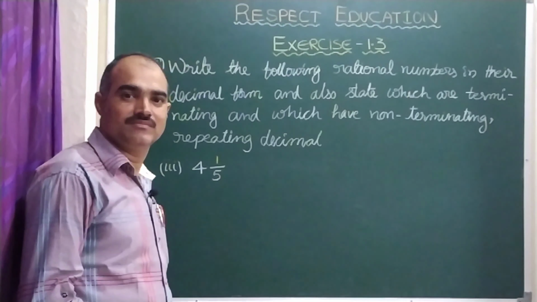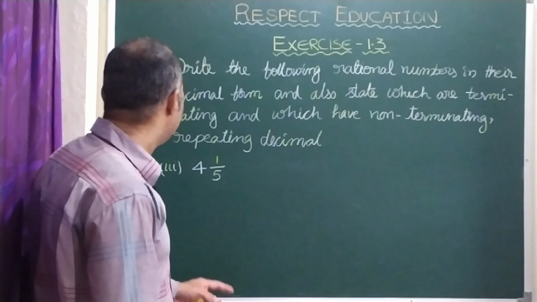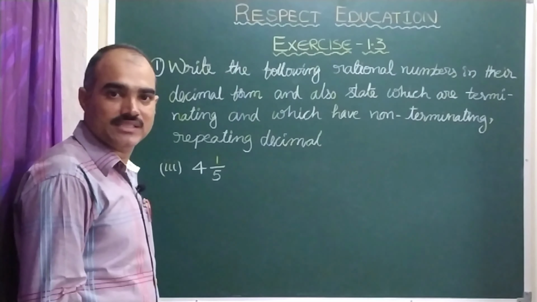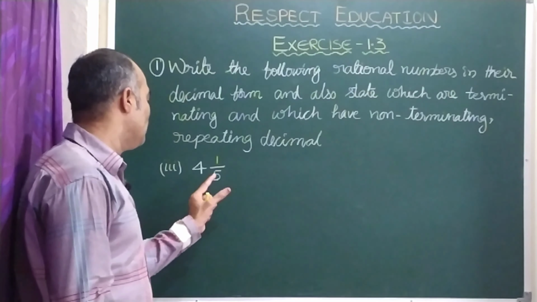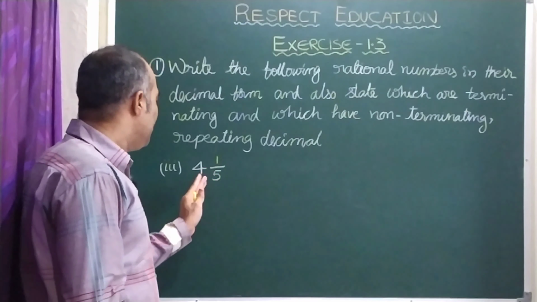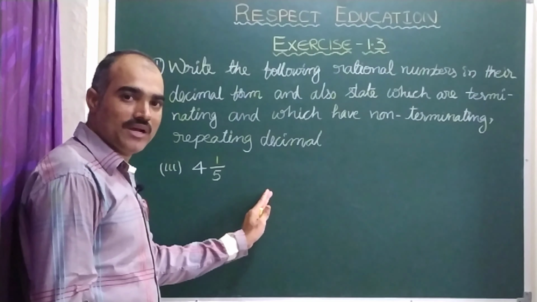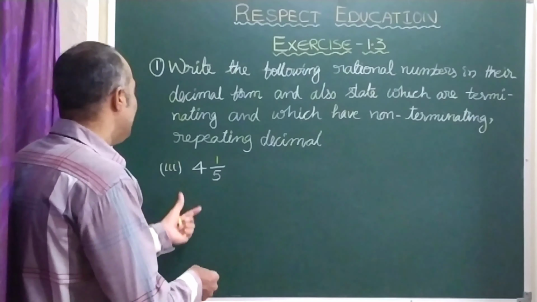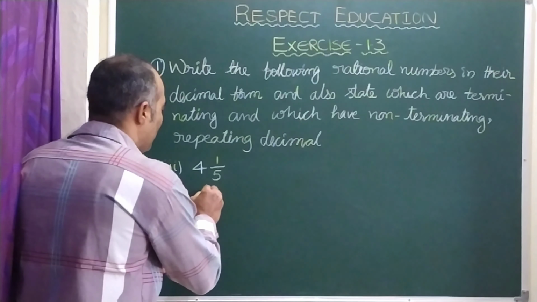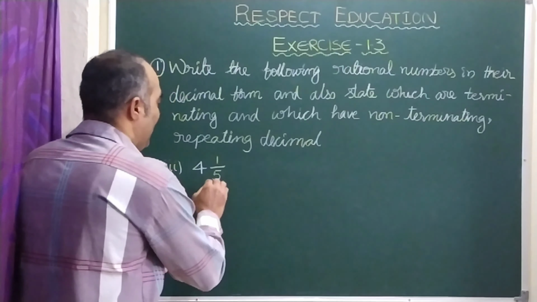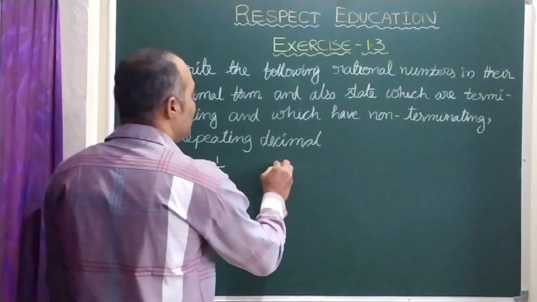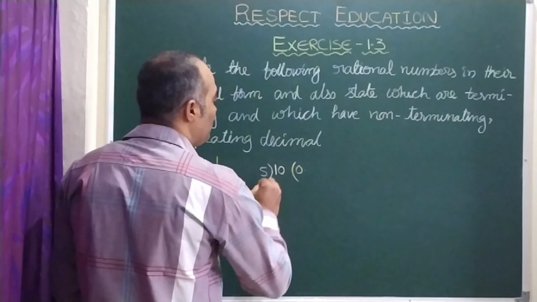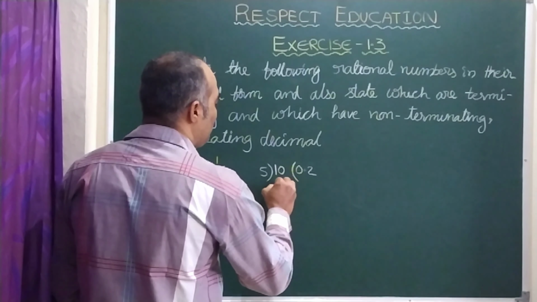Right? Now let us see the next bit, that is the third bit. 4 1 by 5. It is a mixed fraction, children. So here two ways are there. We can convert this into an improper fraction, then you can do division. That is one method. If not, directly you can write here, children, write this 4 as it is and let us divide 1 with 5. So here 1 with 5, 0 point, 1 becomes 10, it is 2, 5 2s are 10.